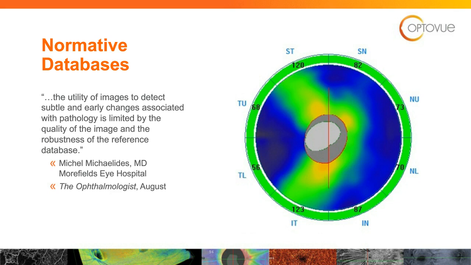So for example, on our color nerve fiber layer reflectance scan on the right-hand side, we have the reflectance image of the right eye. Supratemporally and infratemporally, we're seeing that the nerve fiber layer is nice and thick. But then in each different sector, for example, the ST sector, it assigns 120 microns. And then if we go supranasal, 82 microns, and all around the horn here, it's being compared to a database.